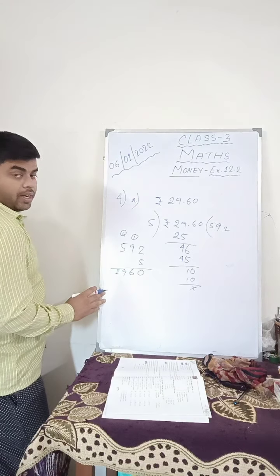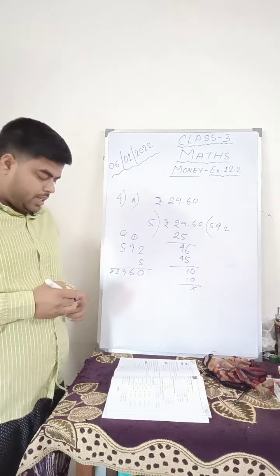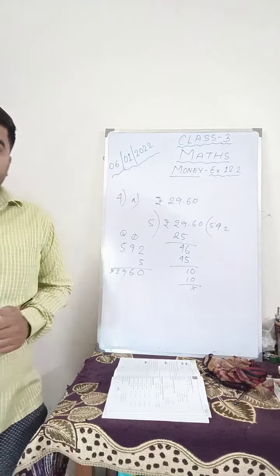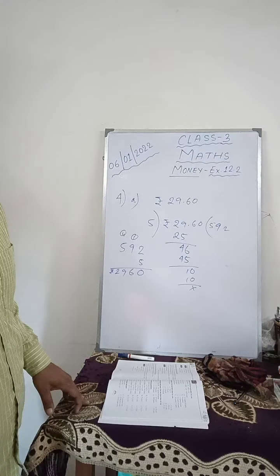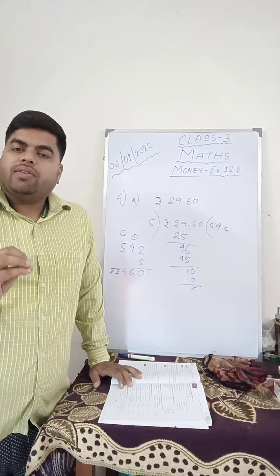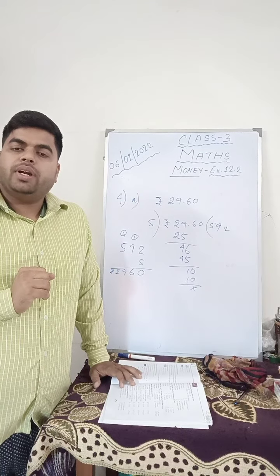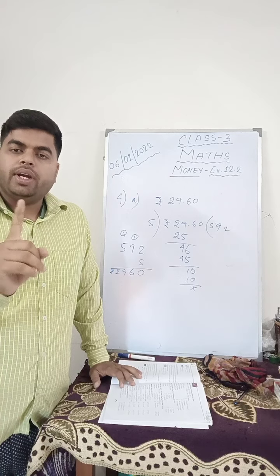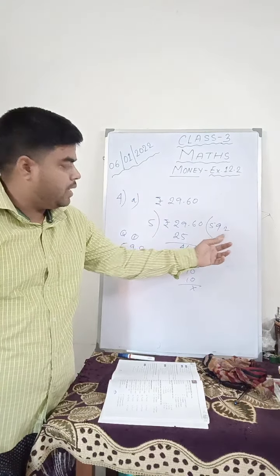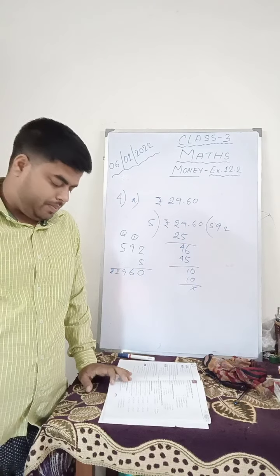So if you divide the rupees, you will automatically get that answer. I hope all of you have understood this, children. Whatever the amount they give you, if you divide by the value of one coin, you will automatically get the number of coins to make that much money.